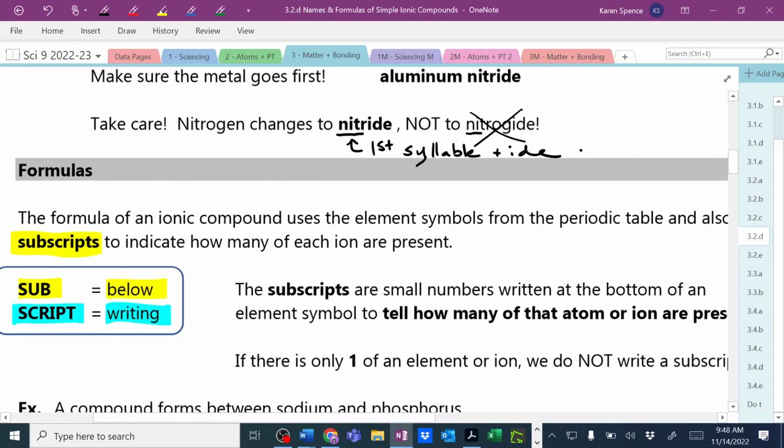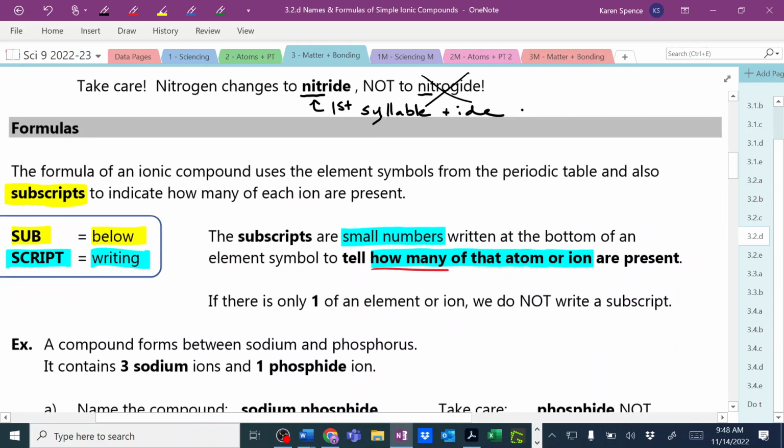What are they? They are the small numbers written at the bottom of an element, and it tells you how many of that atom or ion. How many? If there is only one, we do not write a subscript. Okay, if it's blank, that means there's just one.